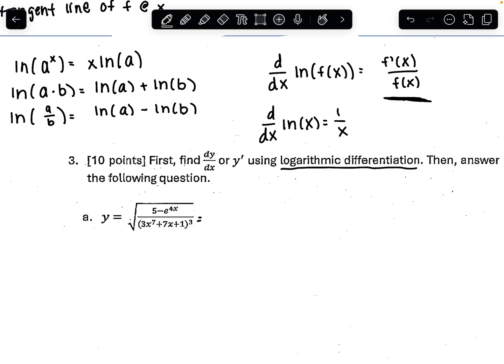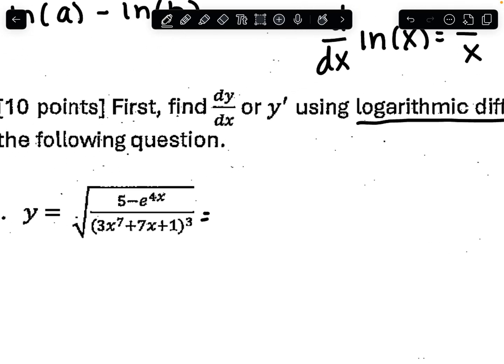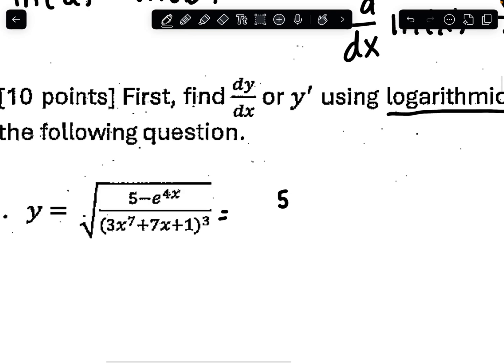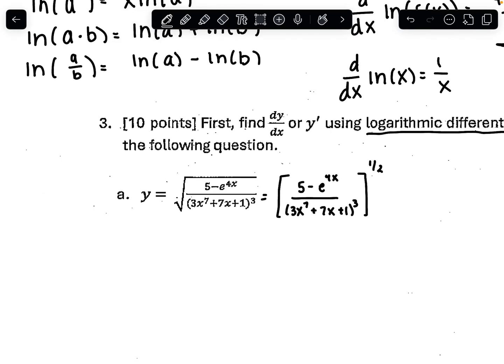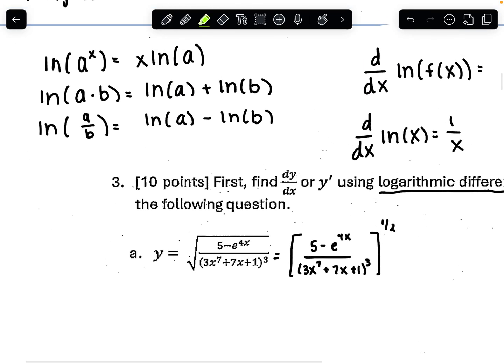Let's first write this as an exponent. Remember, square roots are the same thing as a fractional exponent of 1/2. So this thing is just that.